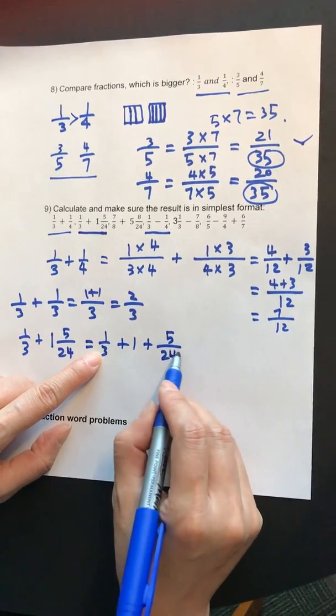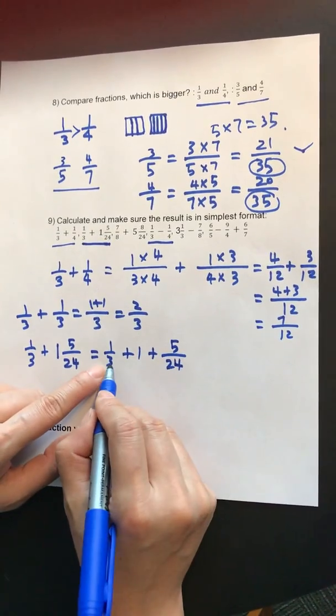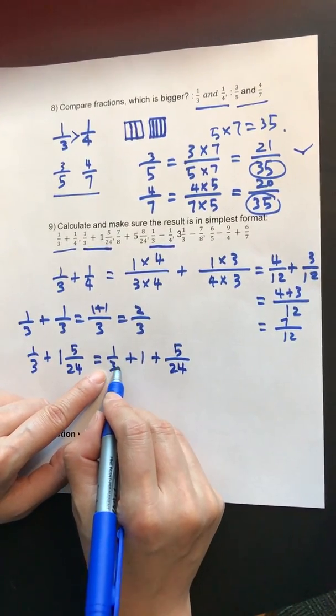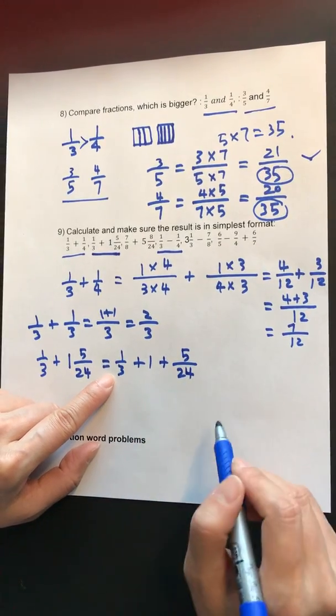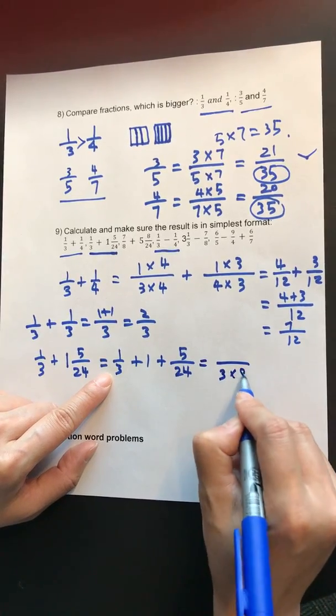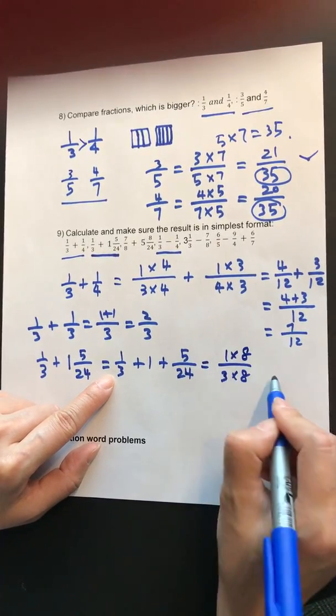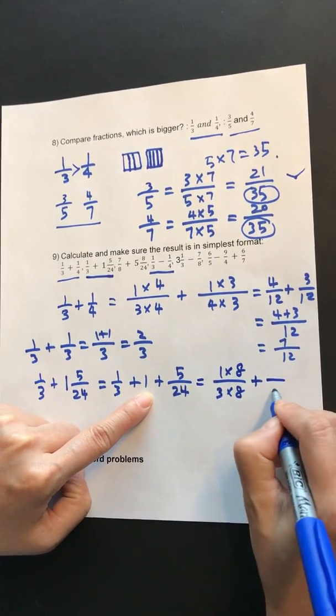So if we change all the denominators into 24, we can add them up, right? In this case, we have to multiply 8 to both numerator and denominator in order to be able to add with the second fraction. So 3 multiply 8 to the top and bottom. We can change the 1 into a fraction just to make it easier.